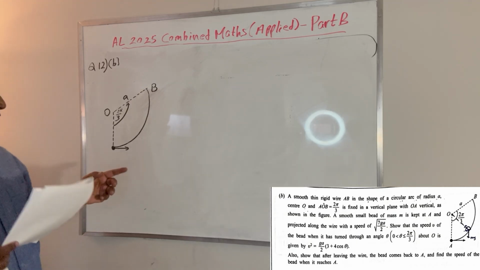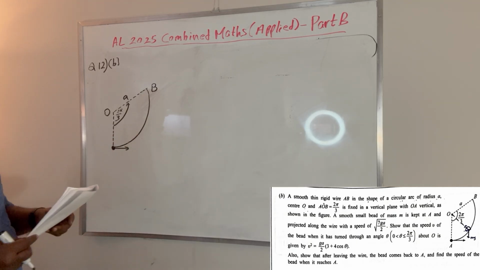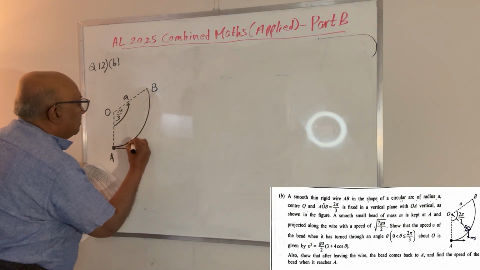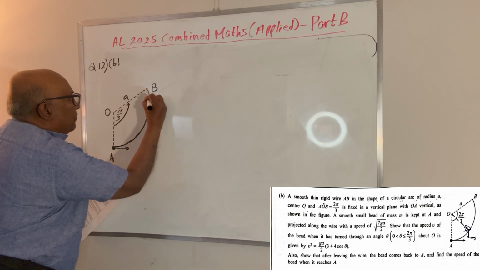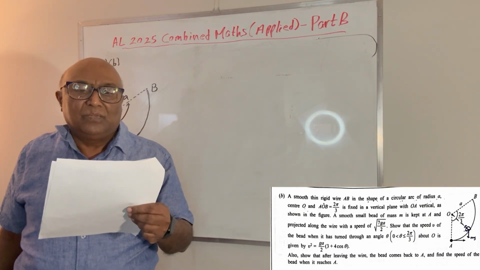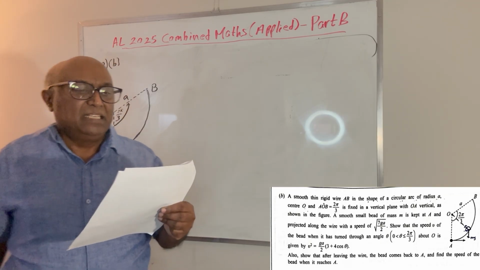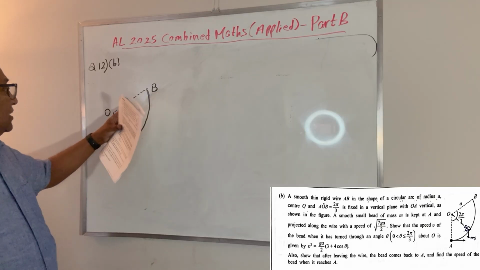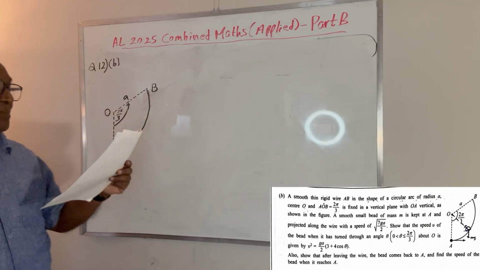This is the wire AB, this is point A. The radius of the wire is a. Angle AOB is 2 pi by 3.